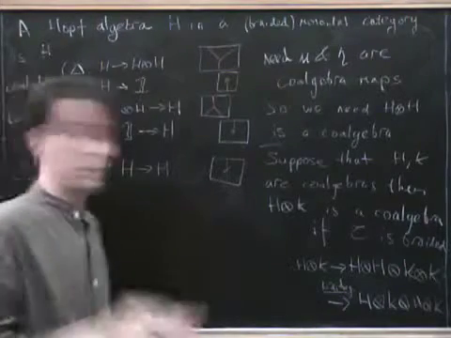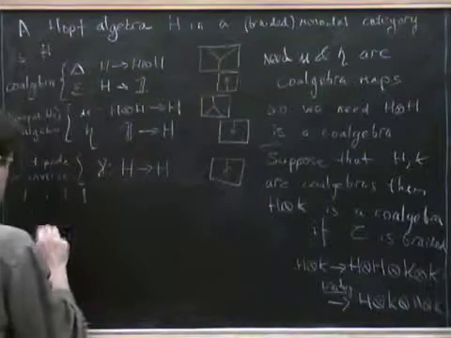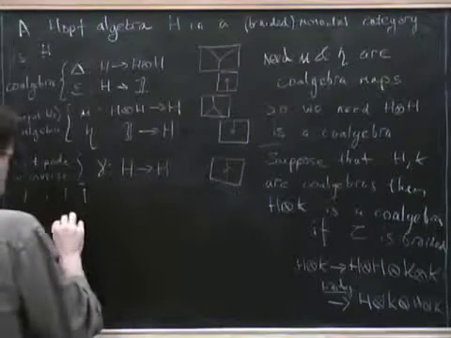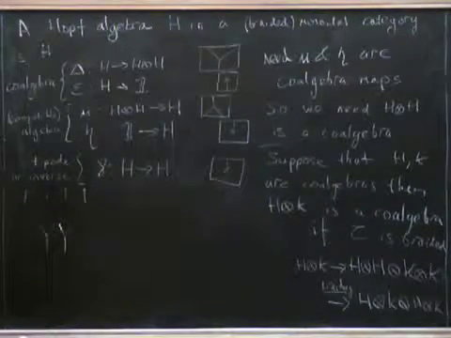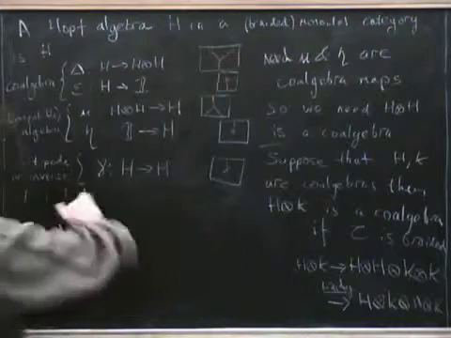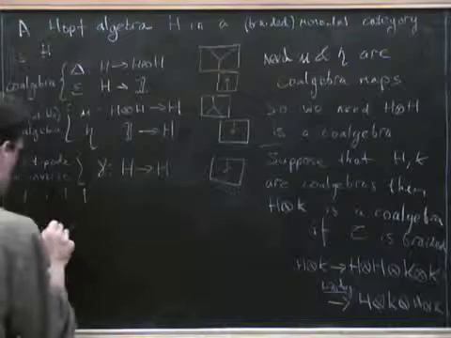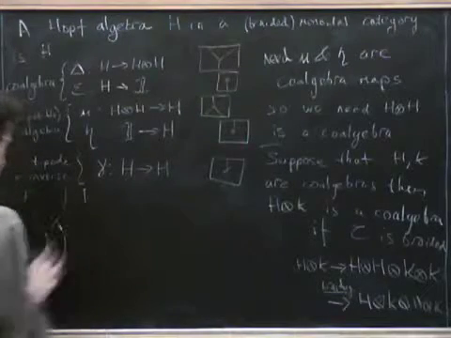What we do, of course, is the only thing we can do, because we've got a co-algebra: double the reds, double the whites, and because we're in a braided monoidal category, we can go from red white to white red, so we can pass the red over the white.